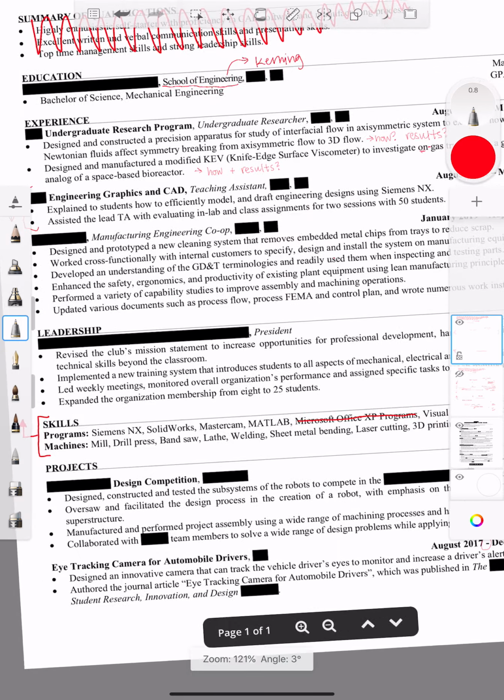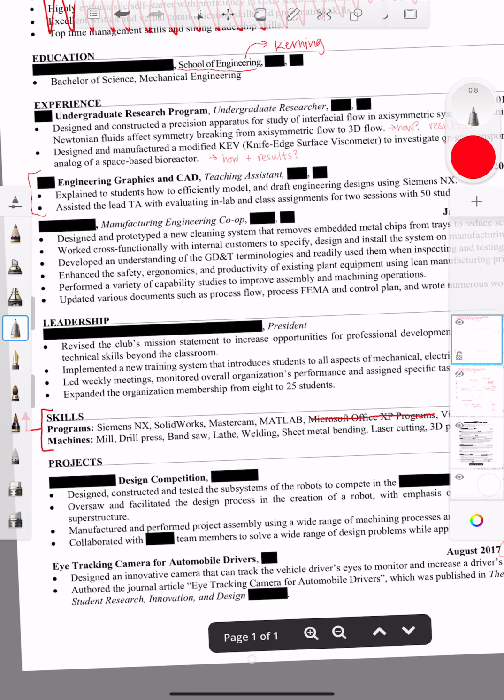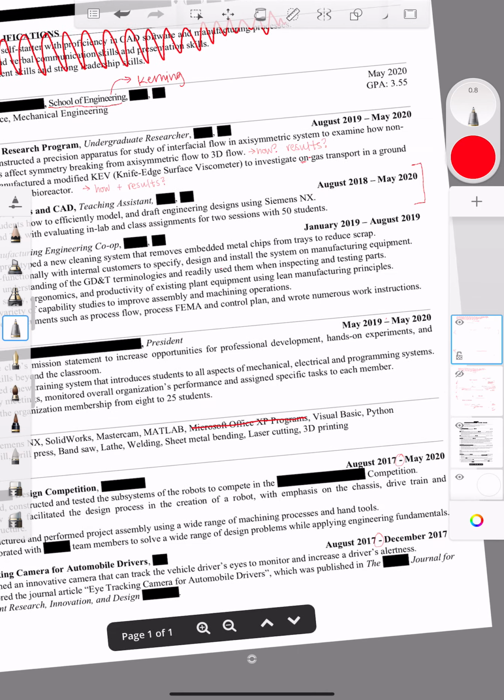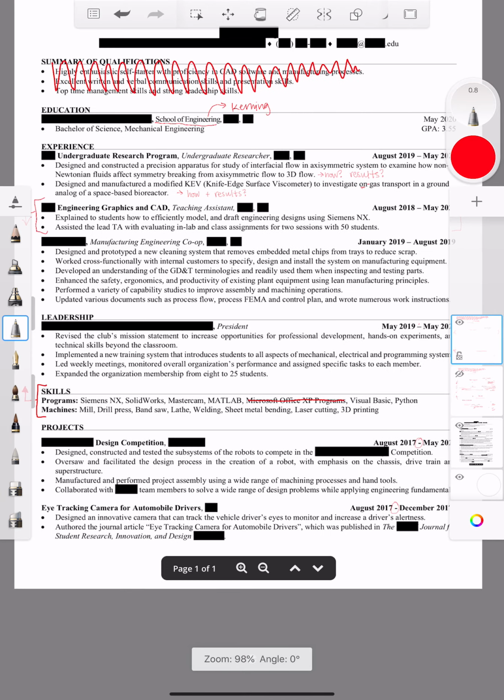But let's take a look at this co-op. "Designed and prototyped a new cleaning system that removes embedded metal chips from trays to reduce scrap." Again, they tell us what they did. They designed and prototyped this cleaning system. They tell why, to remove these chips and reduce scrap.